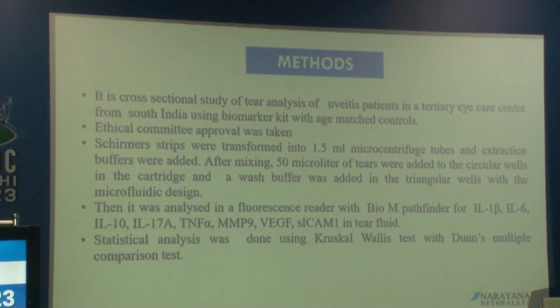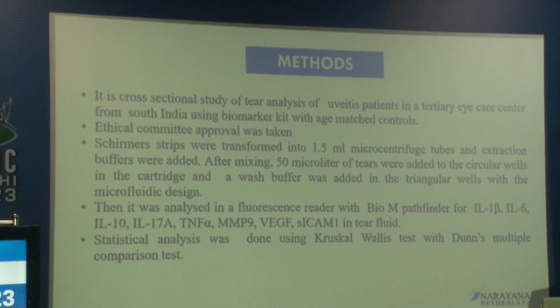Schirmer strips were used to collect the tear samples, and these were stored in 1.5 ml microcentrifuge tubes. Extraction buffers were added, and after mixing for 5 minutes, 50 microliters of tears were added to the specifically designed circular wells in the cartridge, and wash buffers were added in the triangular wells as well.